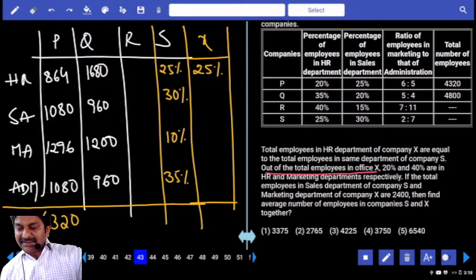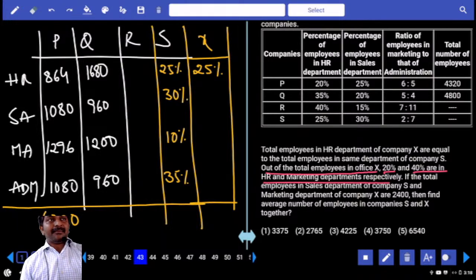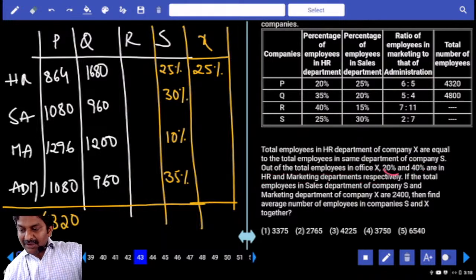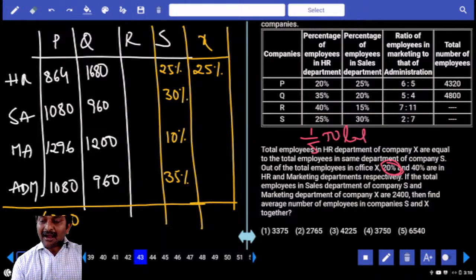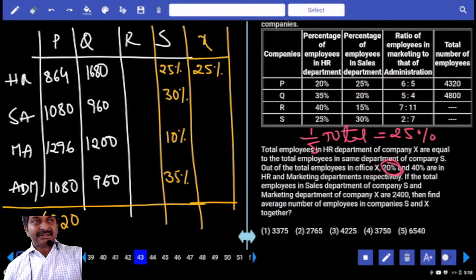Out of total employees in company X, 20% and 40% are in HR and then marketing department. 20% in a sense, can I take 1/5? Meaning 1/5 of total employees are in HR department. In HR department, we have 25%.